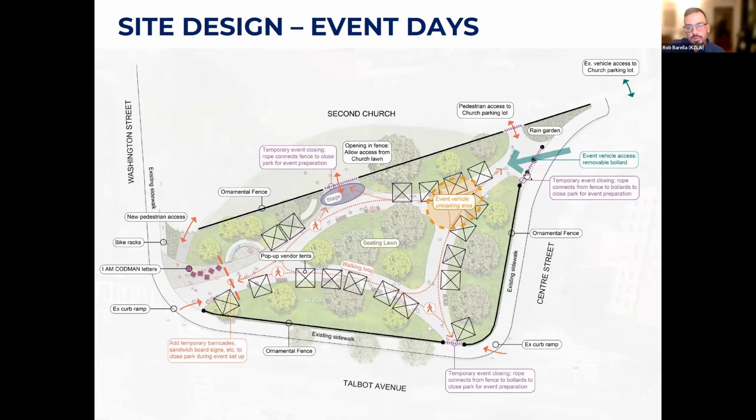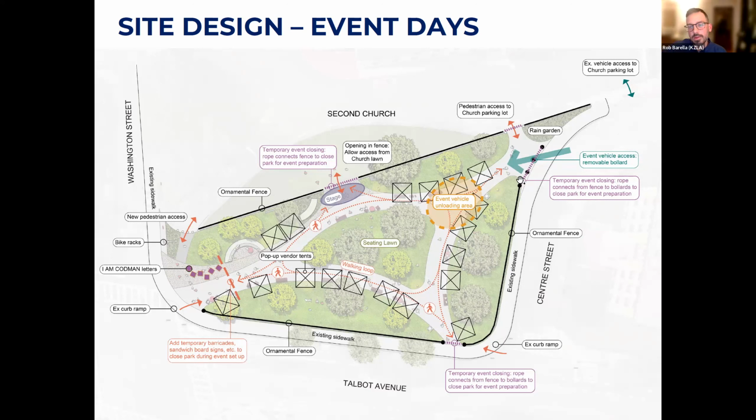Now, during the prep time, we've understood that it's very helpful to be able to keep this site relatively closed off just for setup of events. So we have maintained a lot of this fence, as we had mentioned, but we have removed the gates and we have removed some of the panels just so we can have more access and entry points into the park.